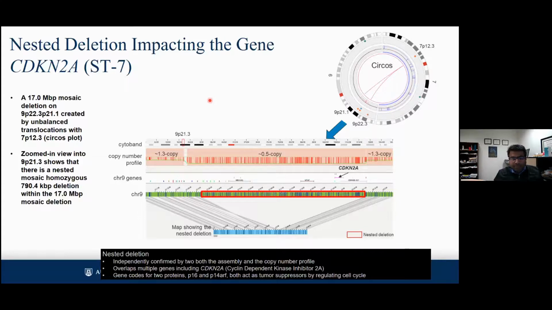So looking at these tumors, it might be very interesting to go forward and compare that with the TCGA database.